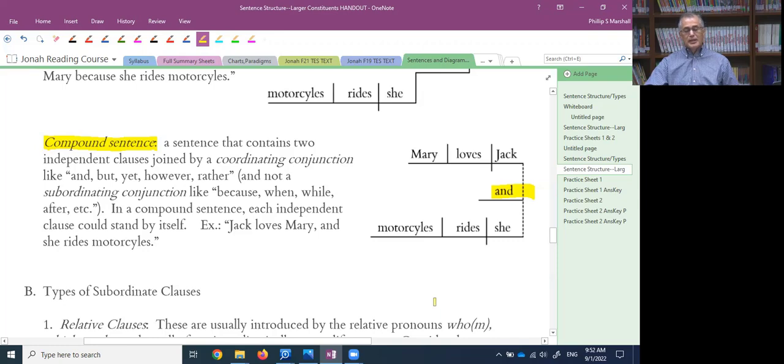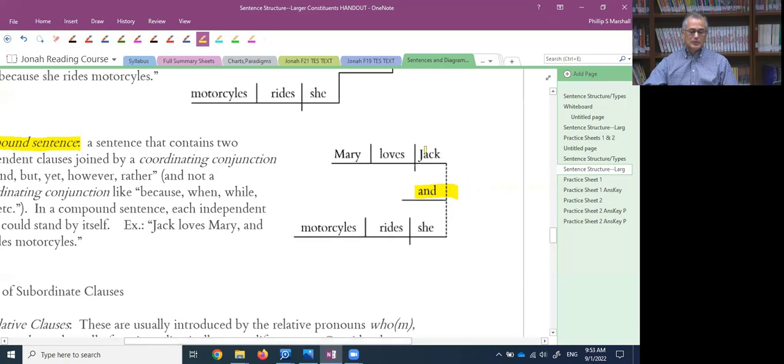Now, if I said because she rides motorcycles, the use of the subordinating conjunction forces me to construe it as having to go with some larger clause that it's embedded in. But here, she rides motorcycles doesn't have a subordinating conjunction, and therefore it is an independent clause. And so two independent clauses can be joined together, and when they are, we call this a compound sentence.